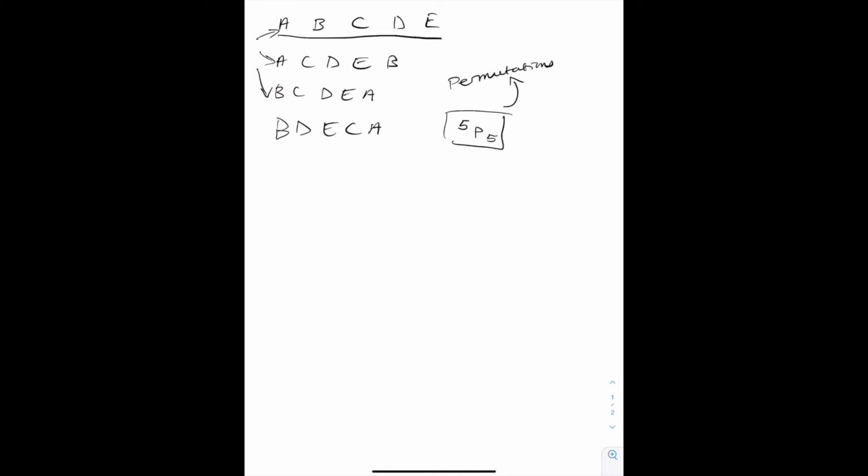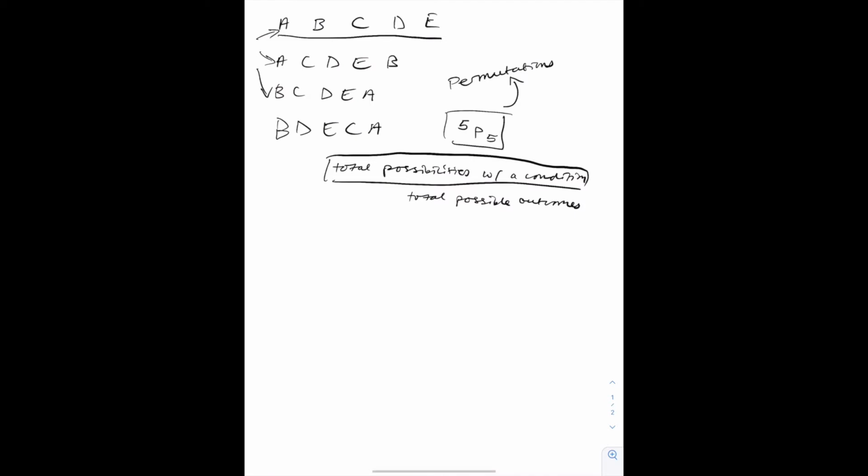So probability is the total possibilities with a condition over the total possible outcomes. Like, it's a ratio, right? Probability is a ratio; permutations isn't. It just focuses on this strand of the equation in more and more detail.